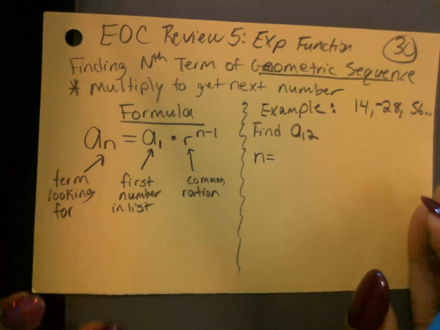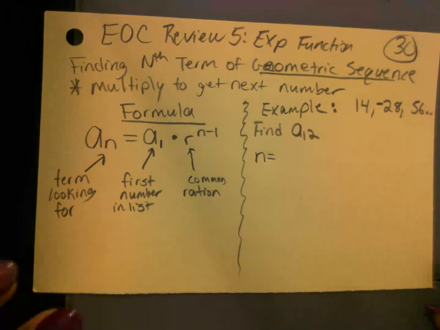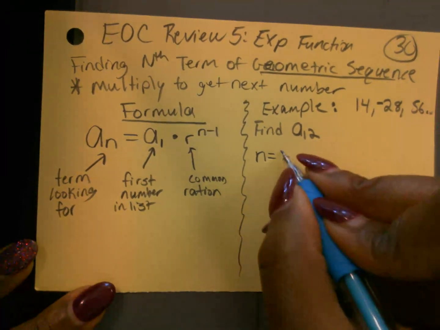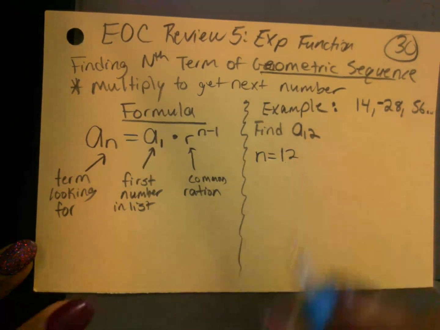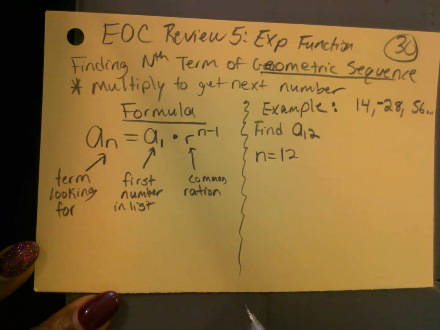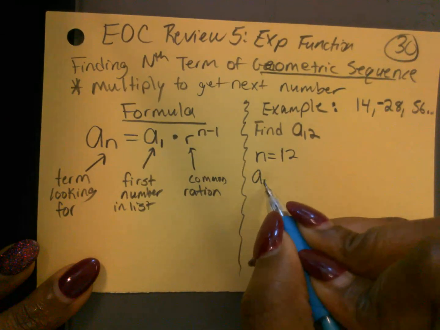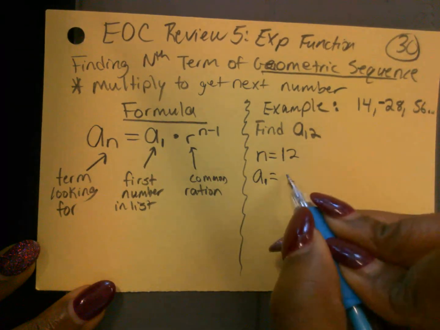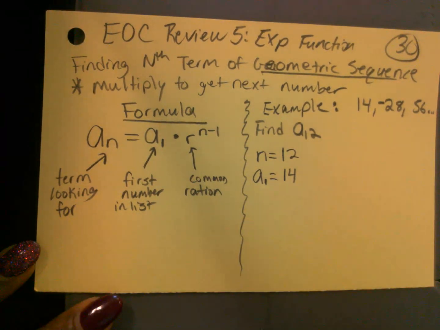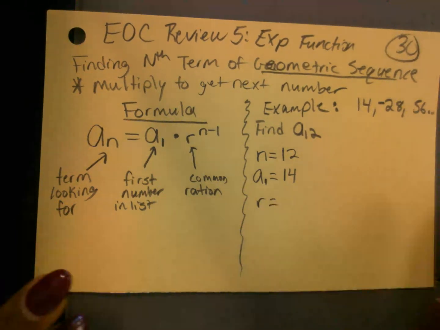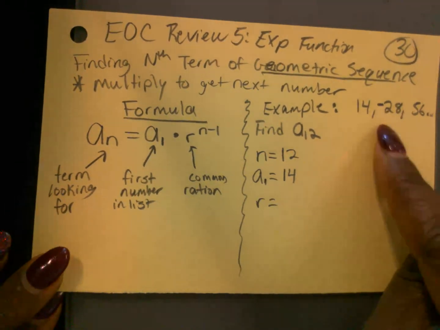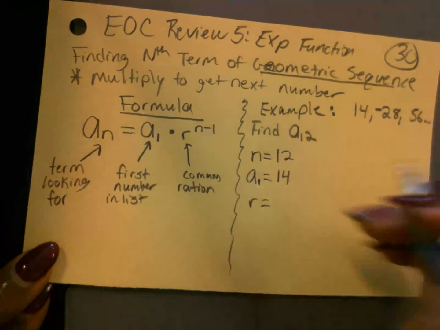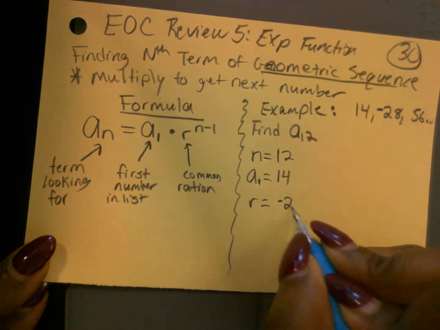What's our N? 12. Our N is 12. We're looking for the 12th number in the list. What's the A sub 1? What's the first number in the list? 14. This is our first number. And what's our common ratio? What are we multiplying to get to the next number? -2. We're multiplying -2.